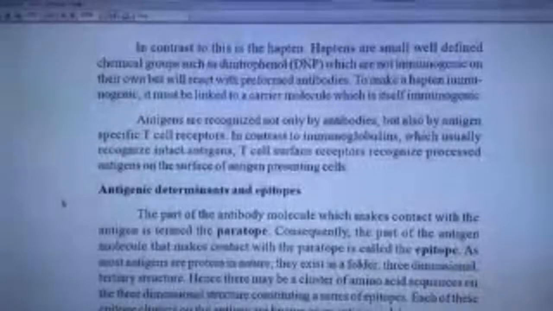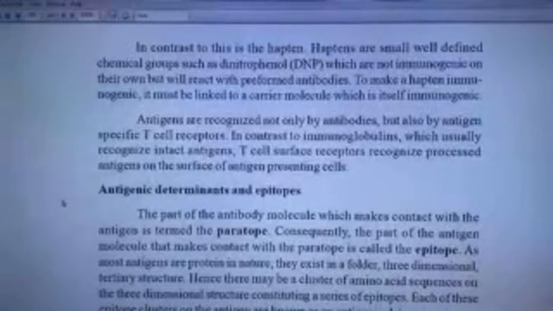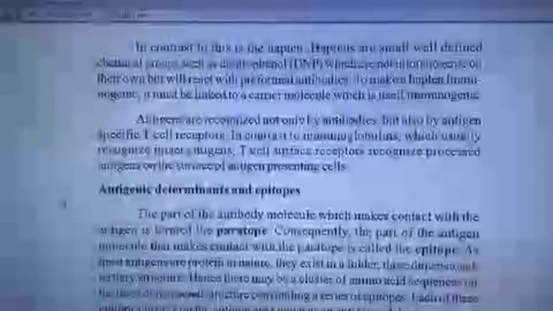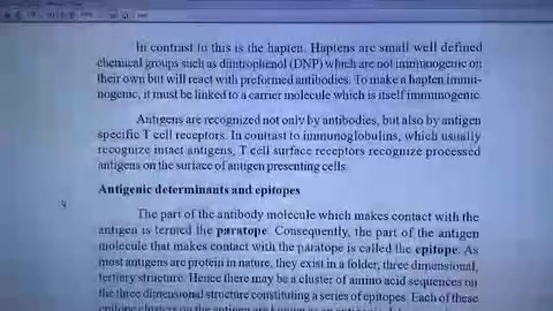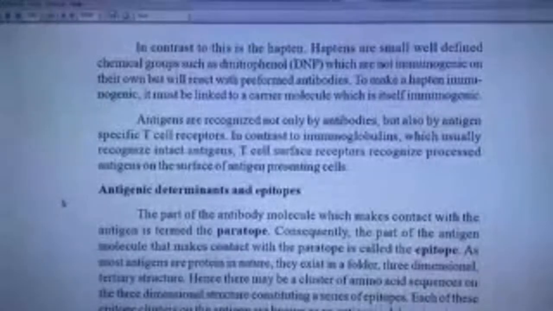In contrast to this is the hapten. Haptens are small, well-defined chemical groups such as dinitrophenol, which are not immunogenic on their own but will react with formed antibodies. To make a hapten immunogenic, it must be linked to a carrier molecule, which is itself immunogenic.